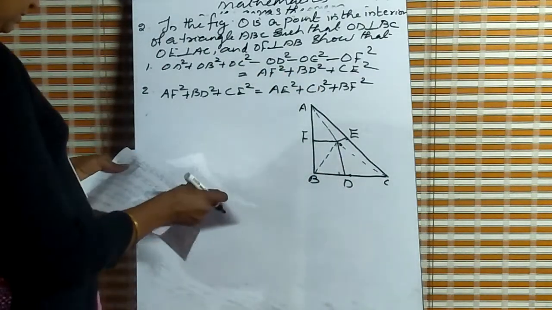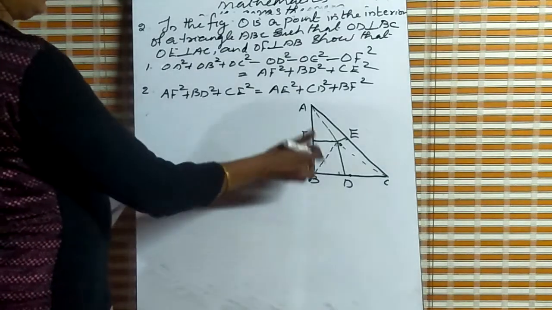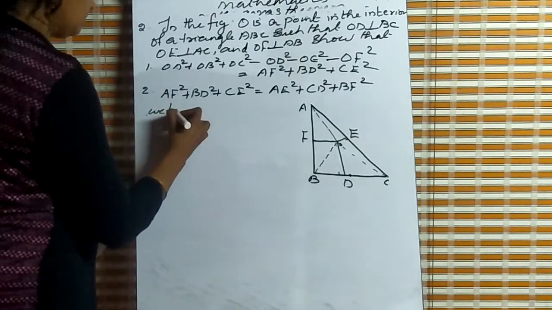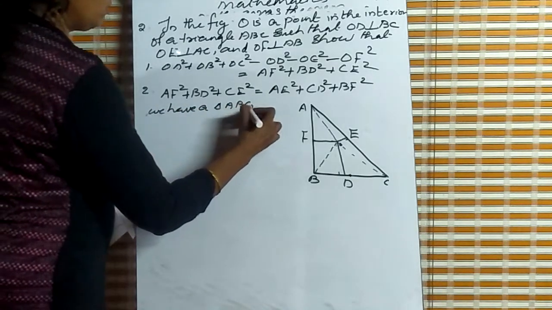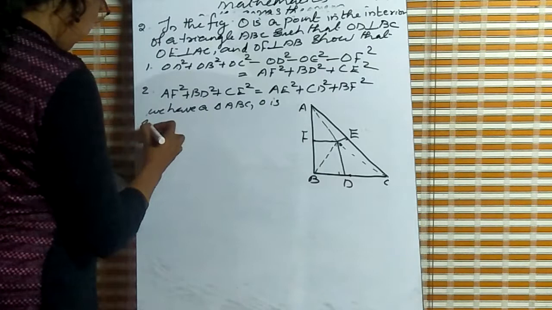Here what is given? We have a triangle ABC, and O is a point.